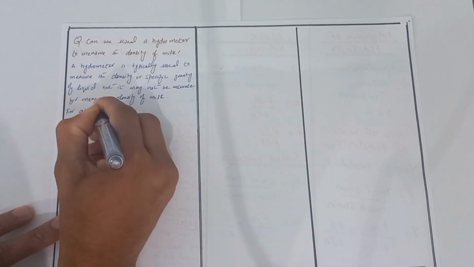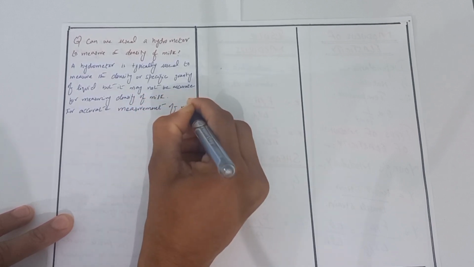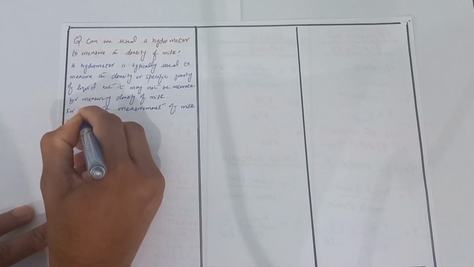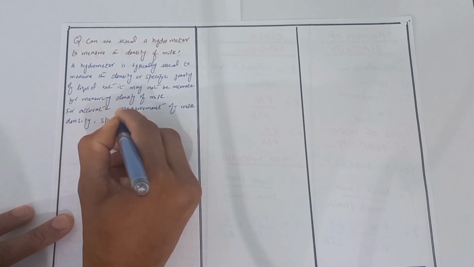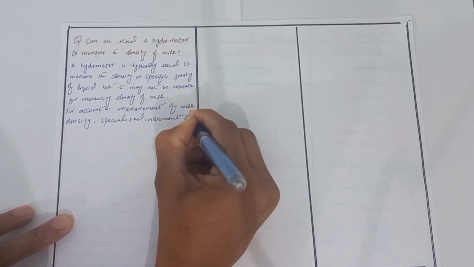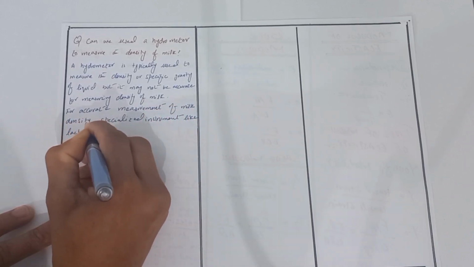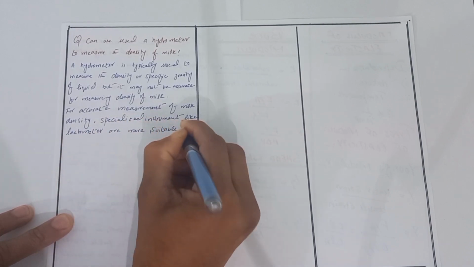For accurate measurement of milk density, specialized instruments like a lactometer are more suitable.